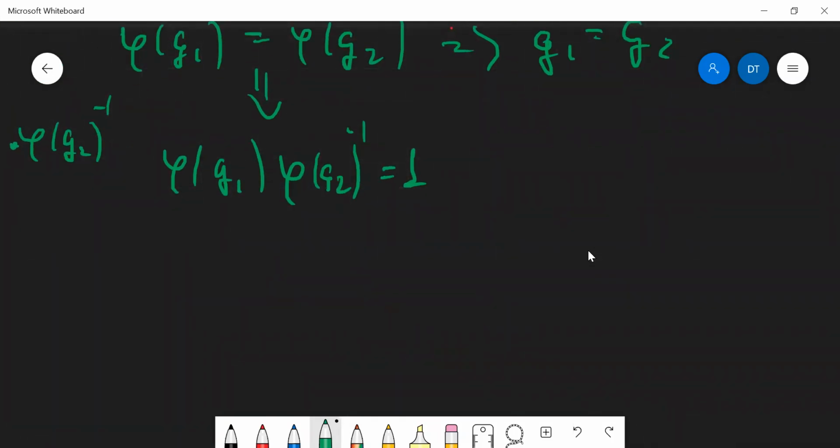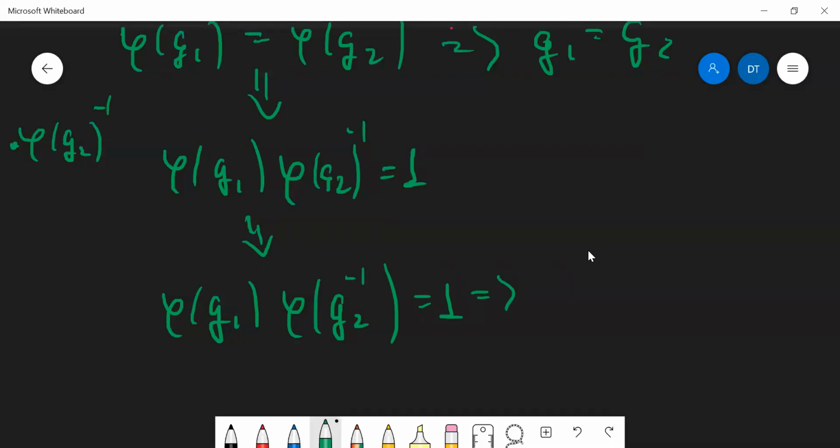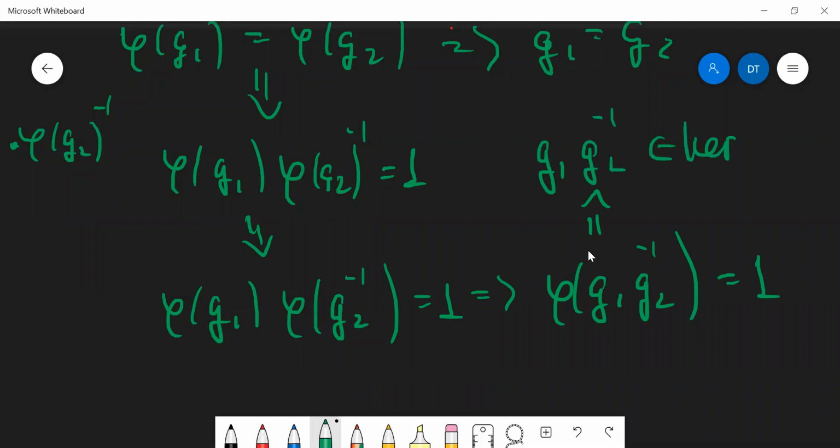But now we know that phi preserves the inverse, so this is the same as this. Now, since phi is a homomorphism, this implies that we have this. And this means that the element g1 g2 inverse is in the kernel.